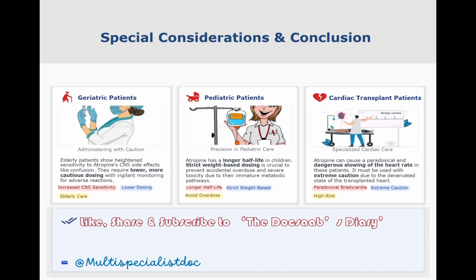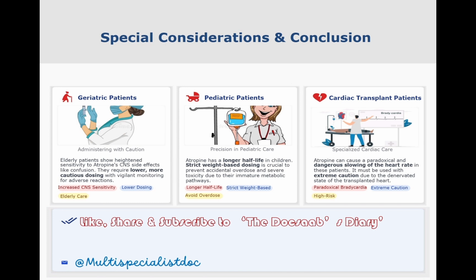Pediatric patients exhibit a prolonged elimination half-life for atropine compared to adults, meaning the drug remains in their system for a longer duration. This necessitates strict adherence to weight-based dosing and careful consideration of minimum dose recommendations, especially in neonates and very small infants to prevent accidental overdose.